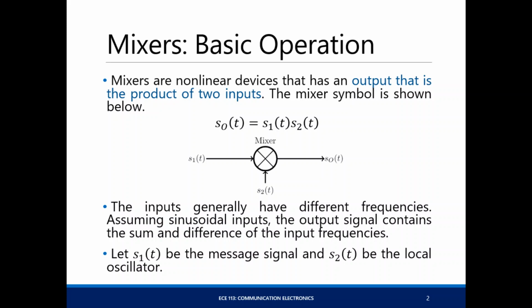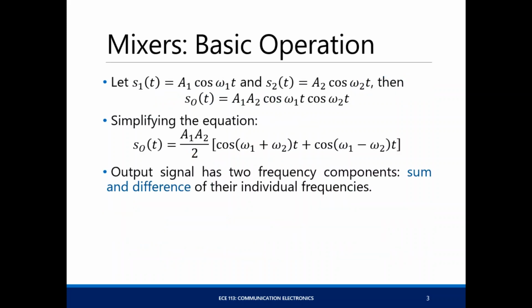The inputs generally have different frequencies, assuming sinusoidal. If these inputs are sinusoidal, then the output signal contains, and this is important, the sum and difference of the input frequencies. If S1 of t is the message and S2 of t is the local oscillator, then we have a mixer for communication systems.